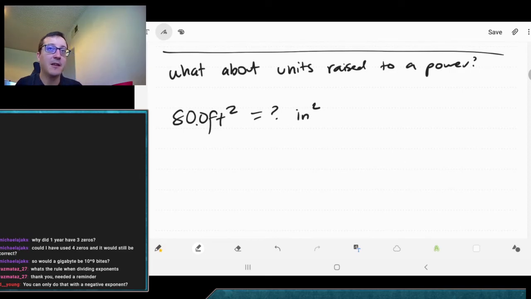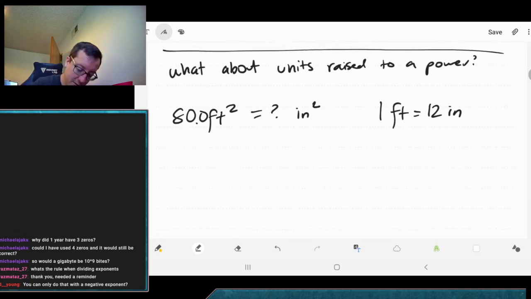If I wanted to say how many that is in square inches, we could do that. We know 1 foot is 12 inches. But how do we go from square feet to square inches? Can we just do this?